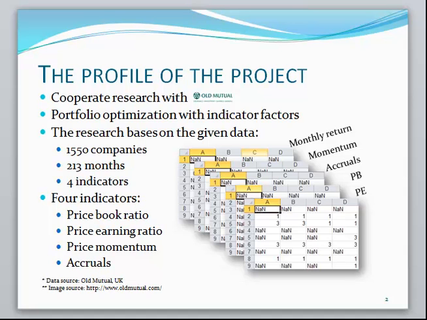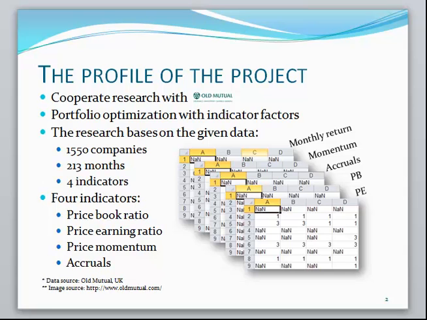This research is a portfolio optimization problem with several distinct indicator factors. The research is based on the data provided by Old Mutual. Basically, the data is monthly return rates over 213 months of the 1,550 companies which used to be listed or are listed right now in the London Stock Exchange.